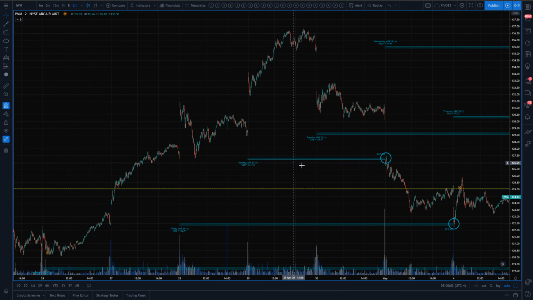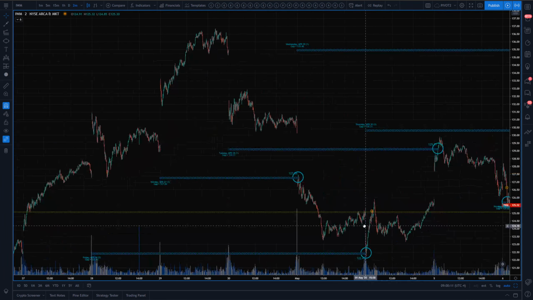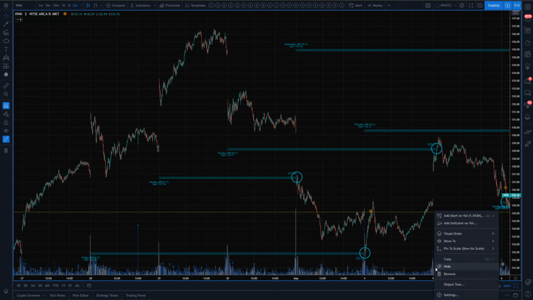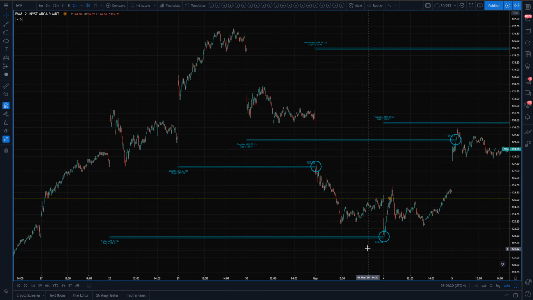When that gap was filled, it immediately created a price rejection. So you can see that the price bounced, and it bounced hard as soon as that gap was filled. It's important to know where gaps are because the tendency for price to bounce is high off of a gap.